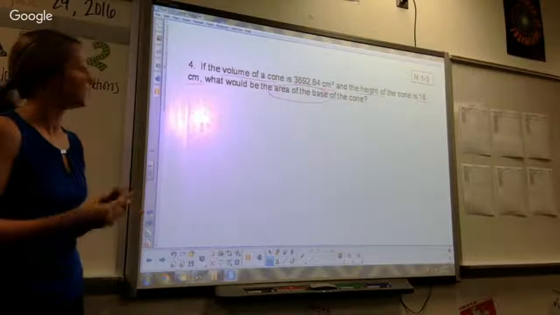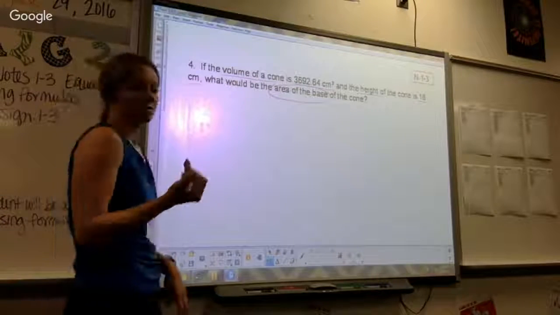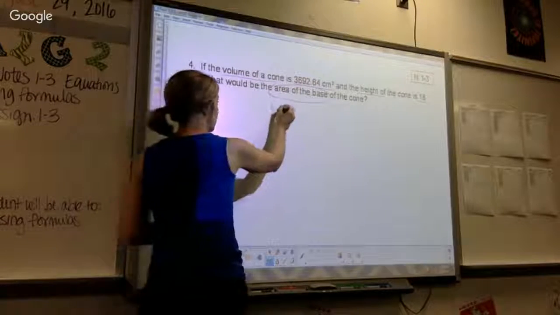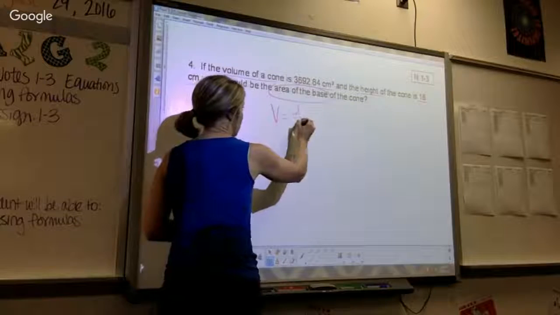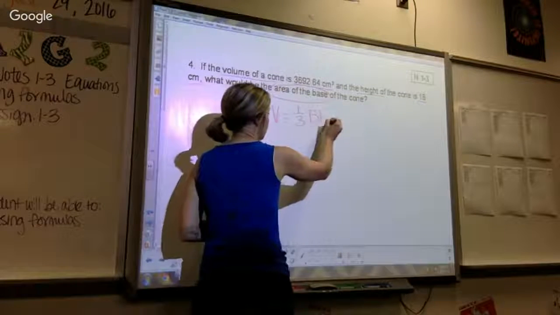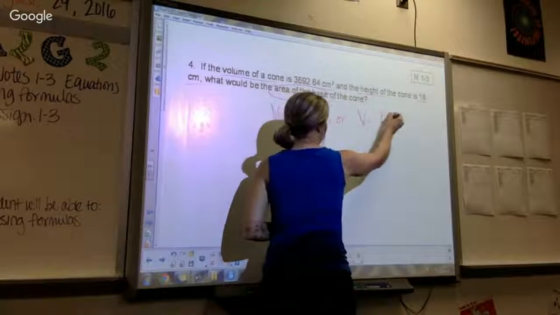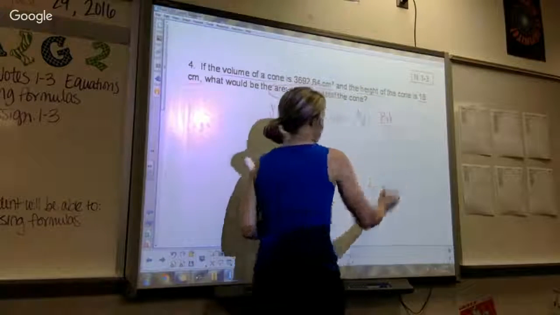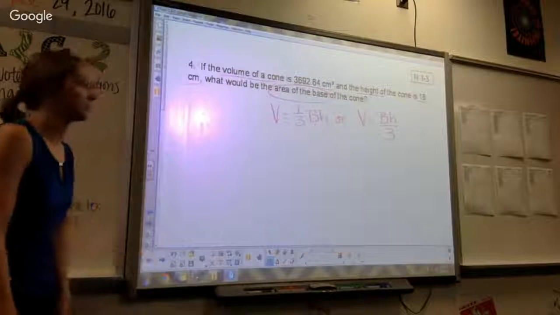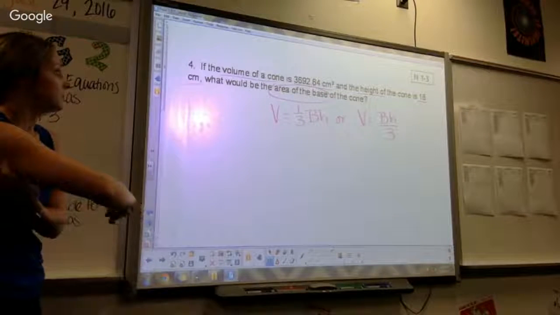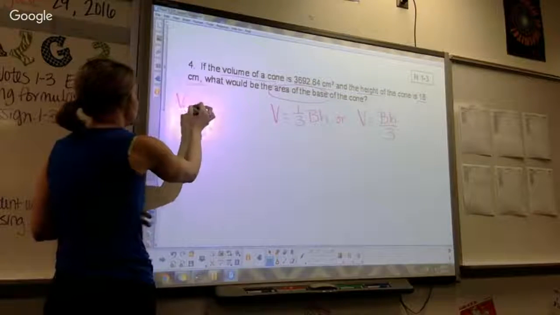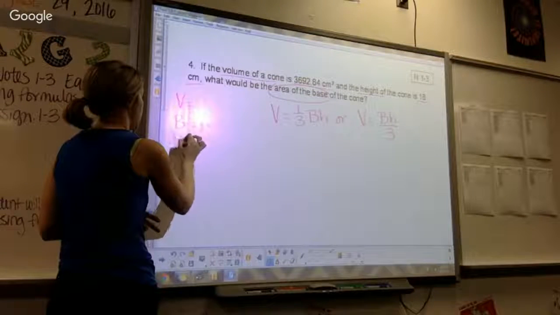So we need to find the volume of a cone. Okay, so looking at the formula chart, 1/3 times big B times H, which is the same thing as area of the base times the height divided by 3. So you can use either of those formulas. Okay, so I have a V, a big B, and an H in my formula.